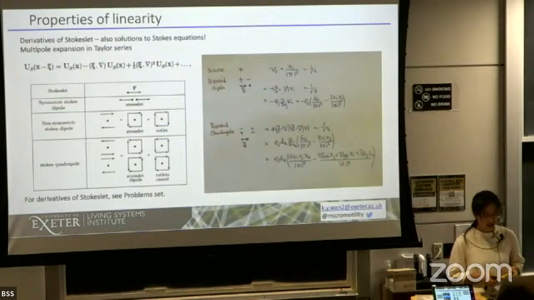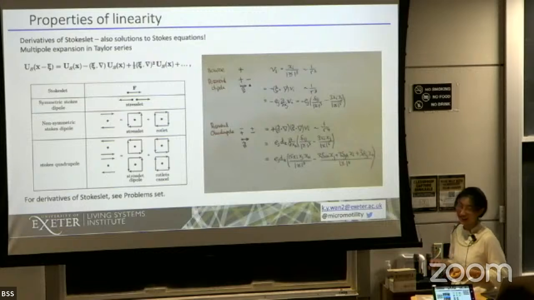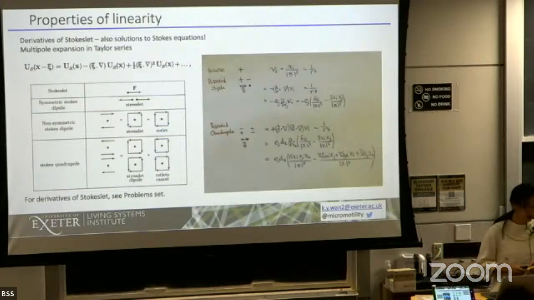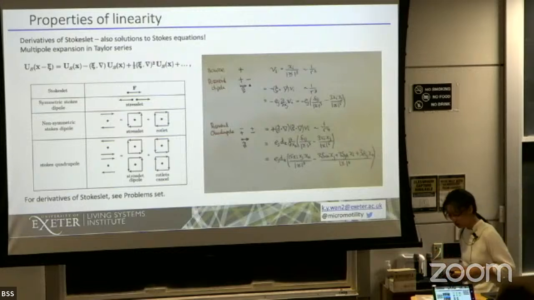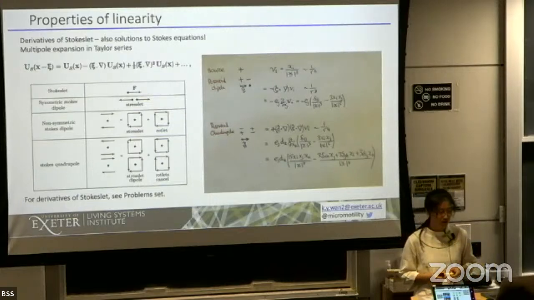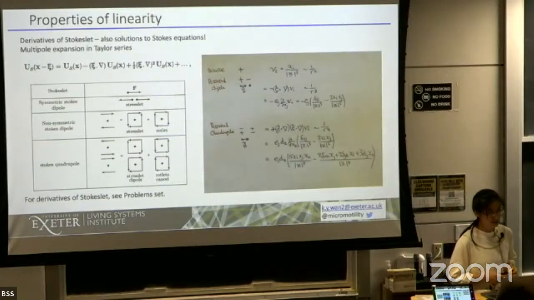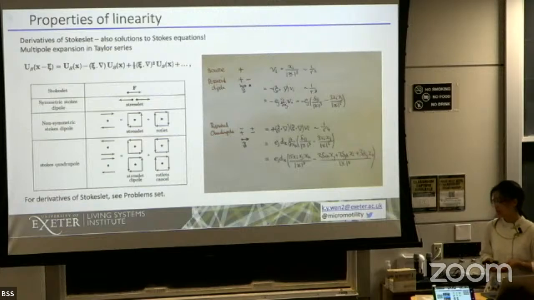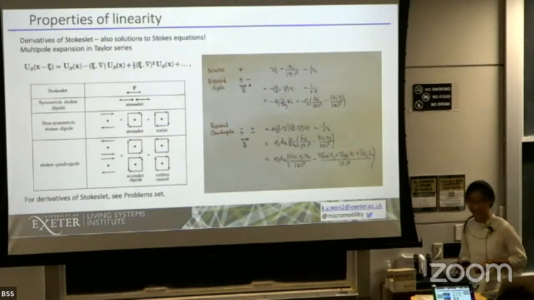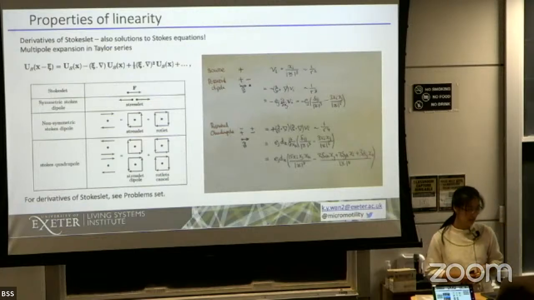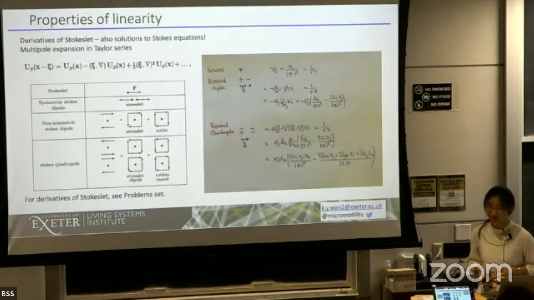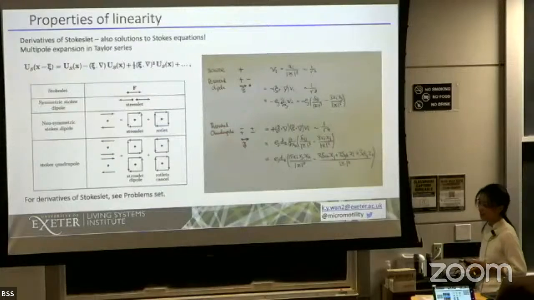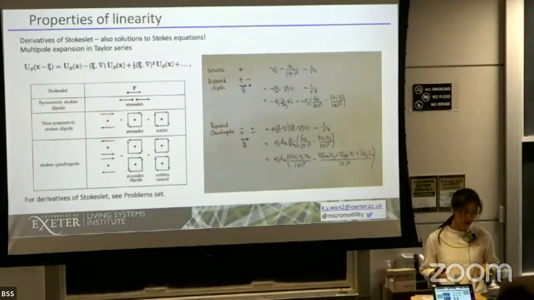And so together, on the slide, you find all of the important contributions to understanding the basic structure of flows generated at low Reynolds numbers. What's always important to keep track of is the order of the solution.